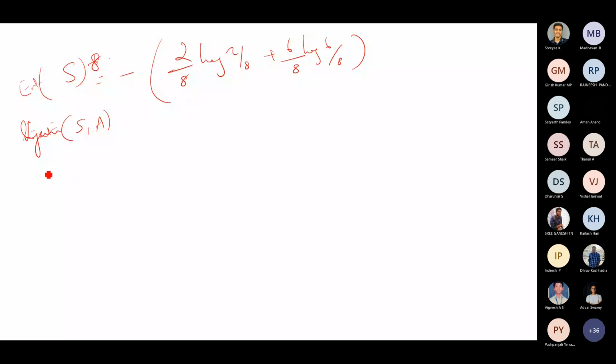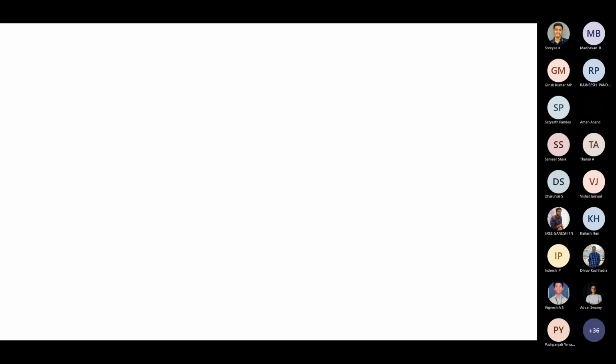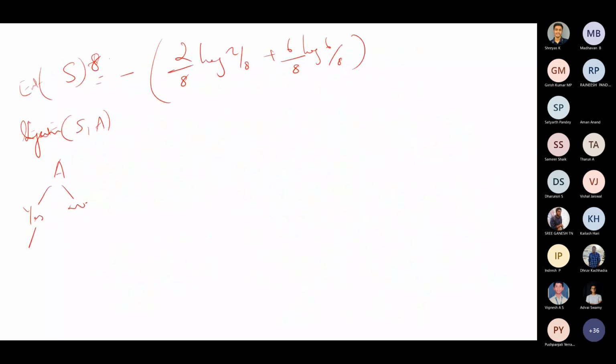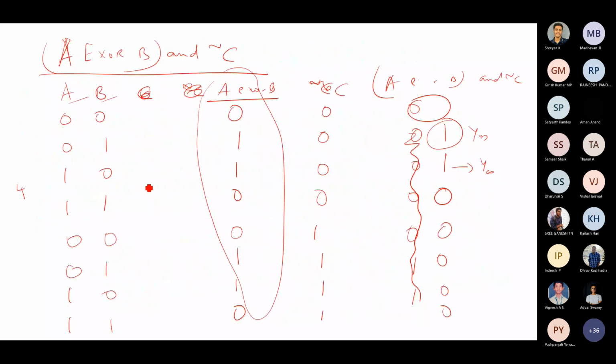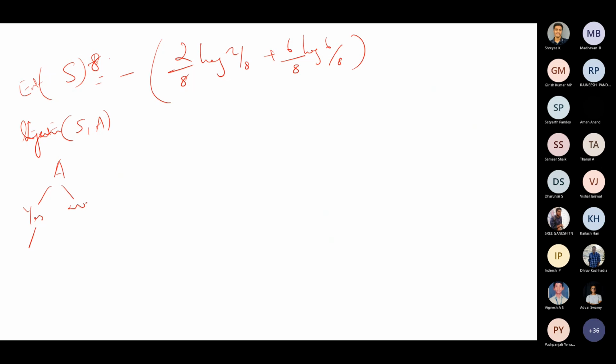Of A, yes and no. So in yes you have 1, 1, and these two. So out of the 4 ones, you have 1 plus and 3 minus.